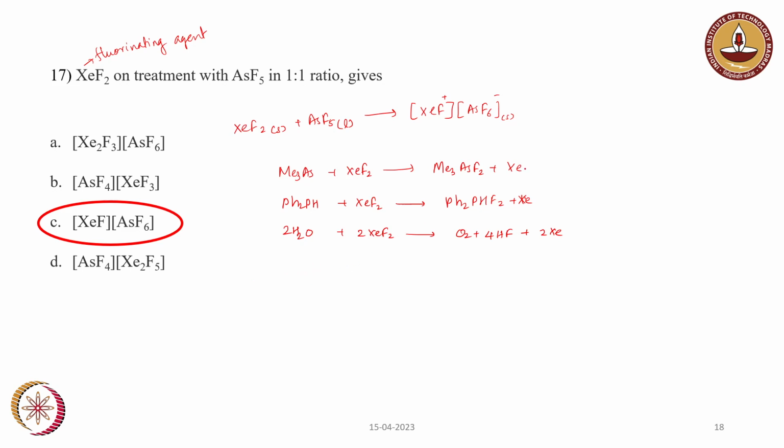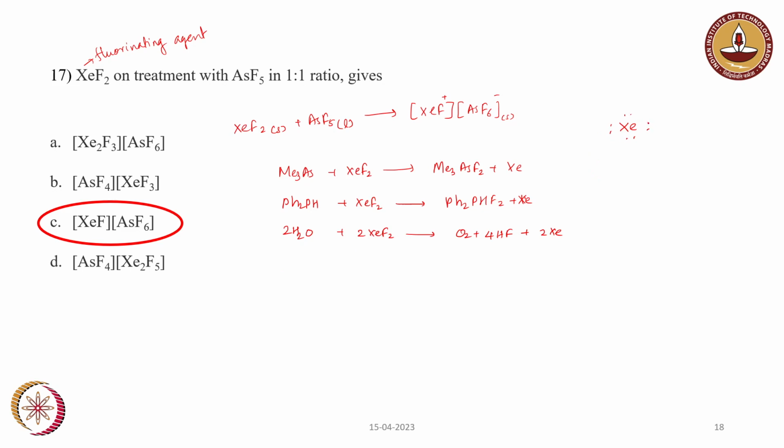So here XeF2 can act as a fluorinating agent as well as an oxidizing agent because the central atom's oxidation state will be increased. And XeF2 is a linear molecule because Xe will be having 8 electrons in its valence shell.